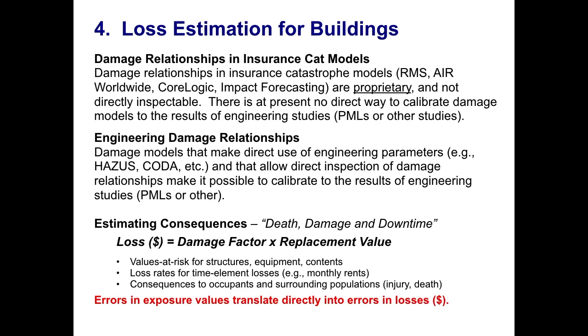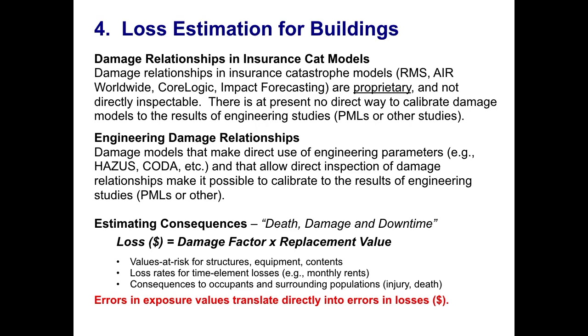The engineering damage relationships, however, the damage models that make direct use of engineering parameters like HAZUS or CODA, do allow more direct inspection of the damage relationships, and they make it possible to calibrate to the results of engineering studies, that is to say PMLs or other things like that.